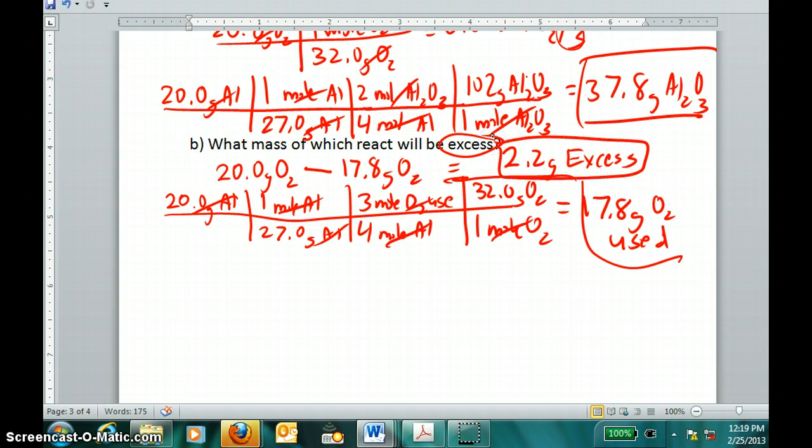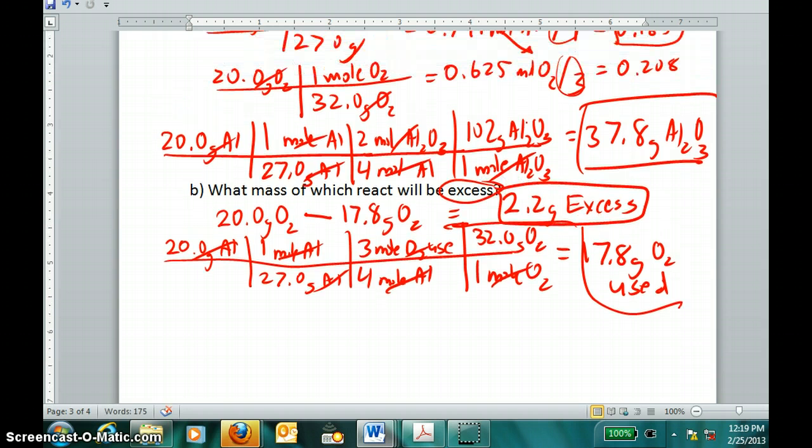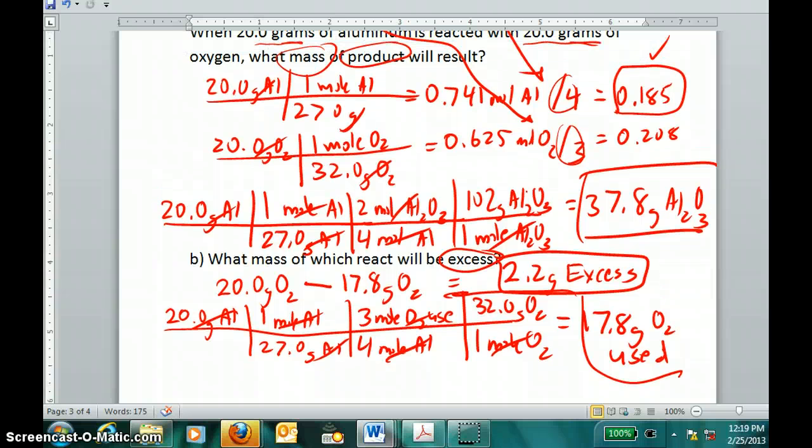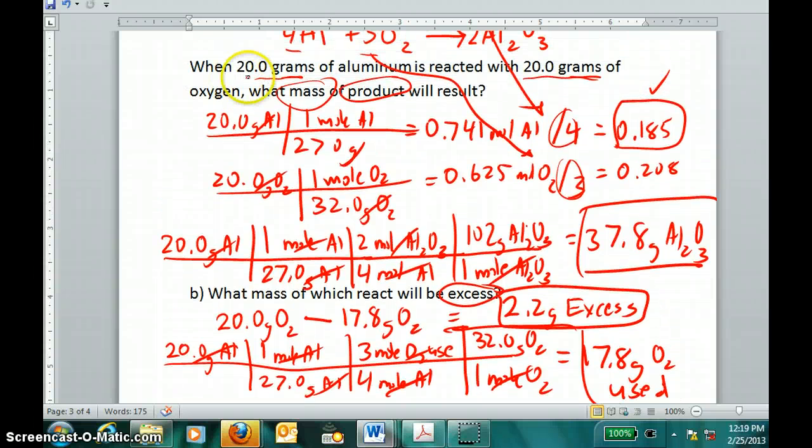Now that answer makes perfect sense because we started this reaction with 40 grams of mass total. I had 40 grams of aluminum and oxygen to begin with. And of course, law of conservation of mass tells me I should end up with 40 grams of matter after the reaction if I started with 40 grams of matter.